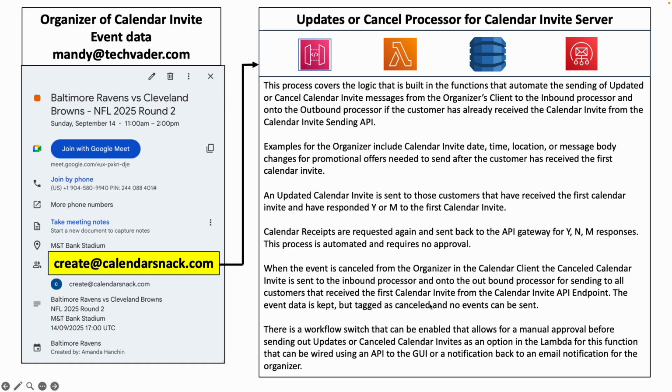So we have a routine here in the update or cancel processor for the calendar invite server that is a bunch of functions in the background that actually handle this messaging layer for not only cancel but update.